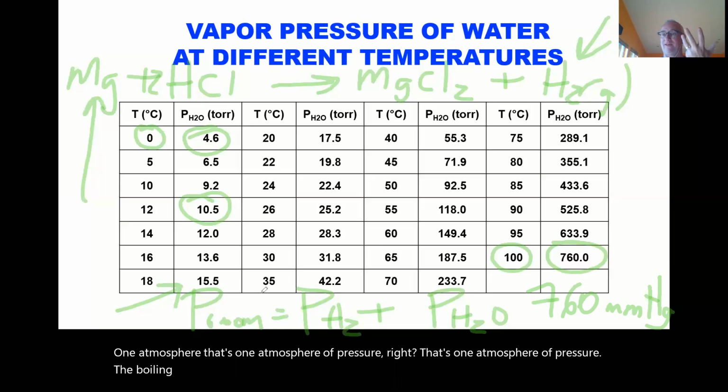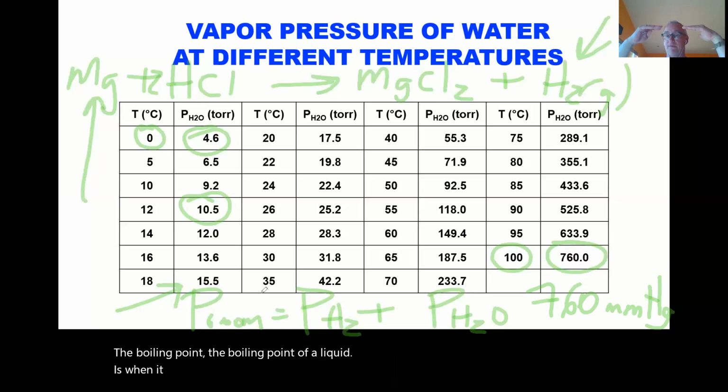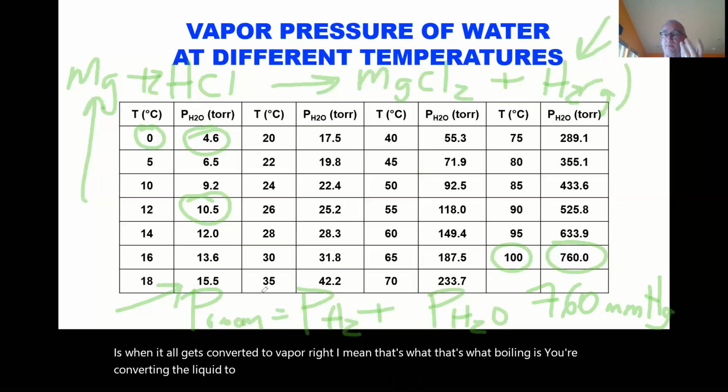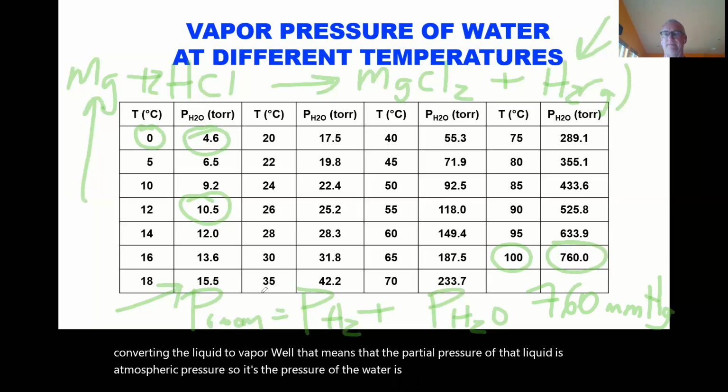The boiling point of a liquid is when it all gets converted to vapor, right? I mean, that's what boiling is. You're converting the liquid to the vapor. Well, that means that the partial pressure of that liquid is atmospheric pressure. So the pressure of the water vapor is atmospheric pressure.